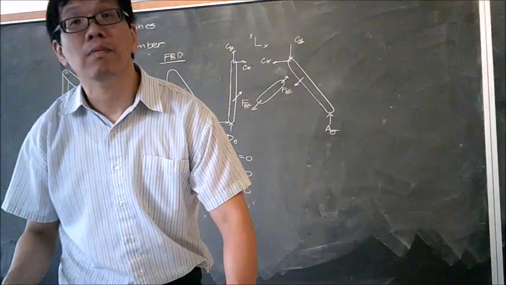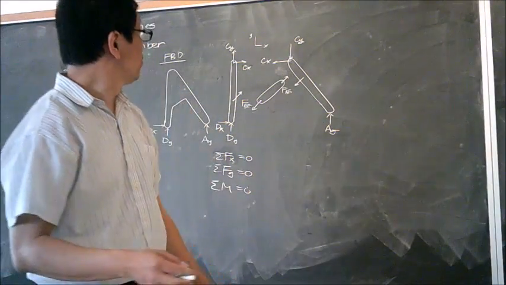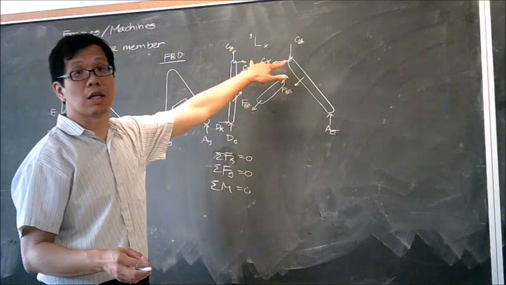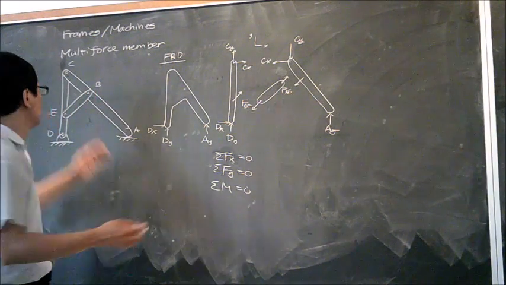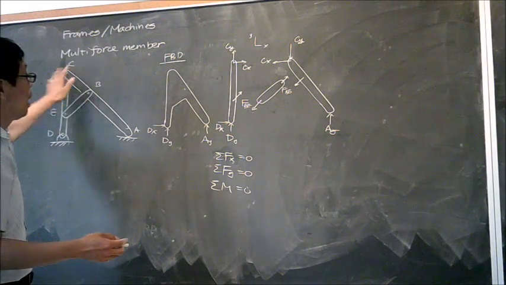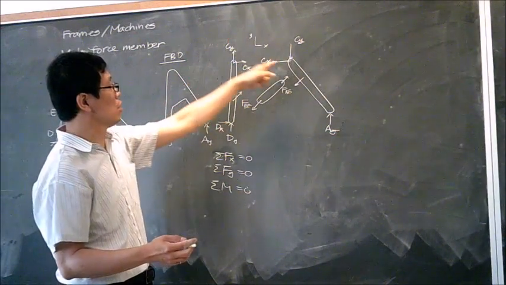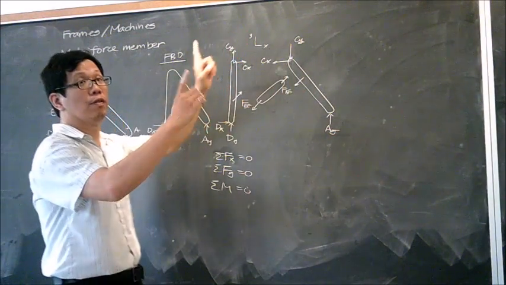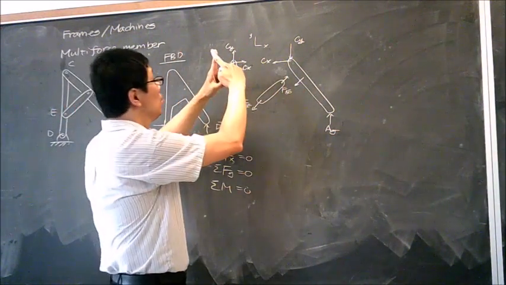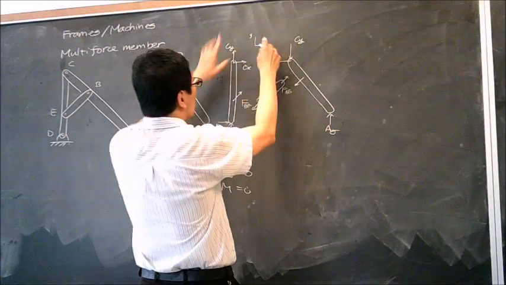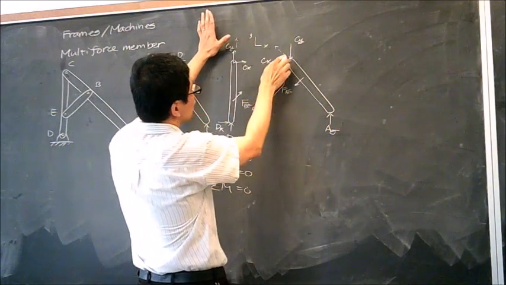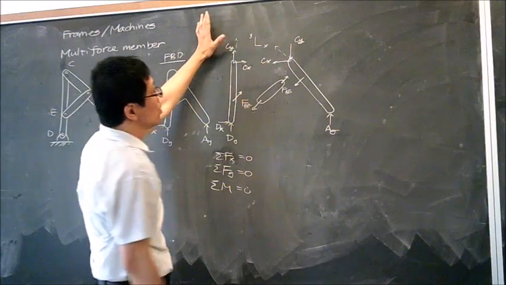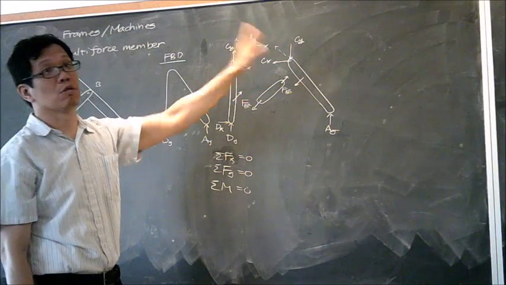Why do we have to decouple the top body? Those two? Yeah, Cx, Cy. As I said, this is not a 2 force member. It's a 3 force member. So the force at this point is obviously not like this. If you are assuming that, then it must be a 0 force member, because if you decouple that into this direction and you need to project this along this direction, one of them must equal 0. So we don't do that.